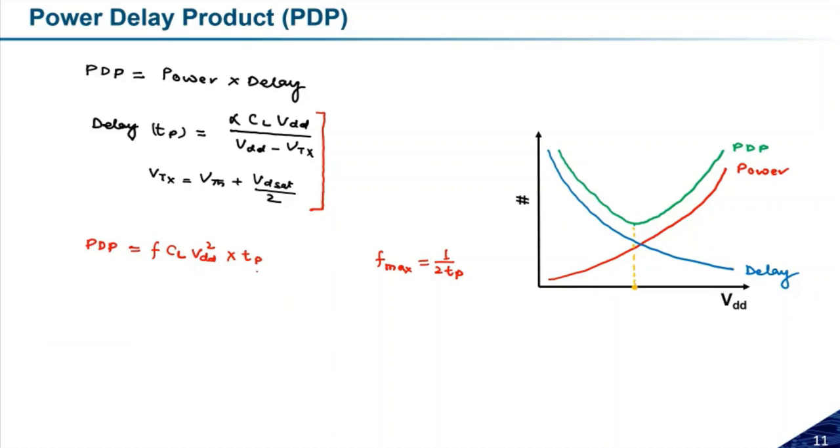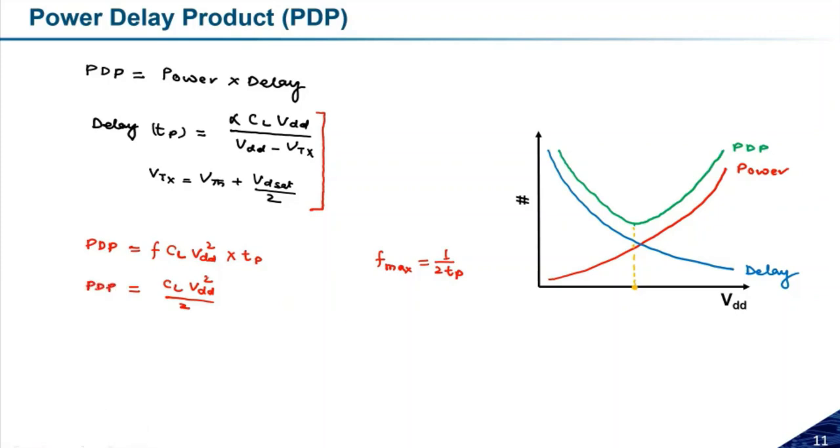Okay, so similarly, if we try to simplify this expression, then TP will be like 1/2 F max, and after substituting this one, I will get PDP equal to CL VDD square upon 2, and this is all about the power delay product.